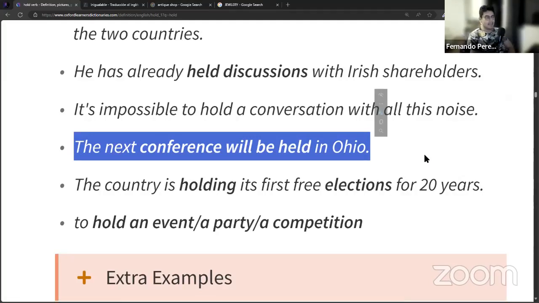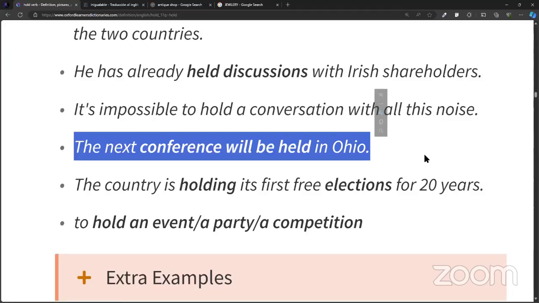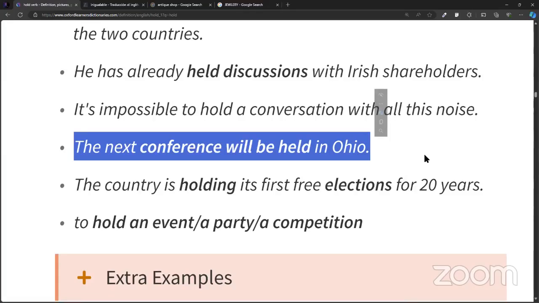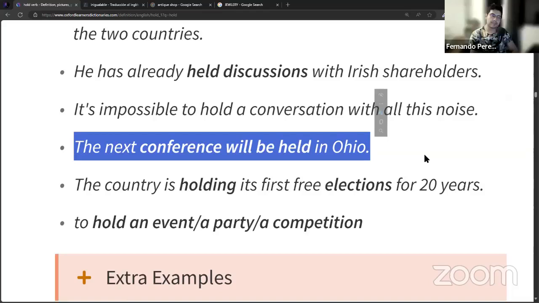In this case, hold transforms into a description. Yes, because it's in past participle. The past participle can be used as adjective too.